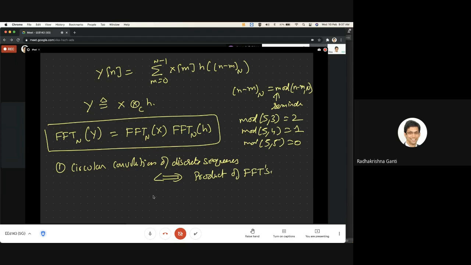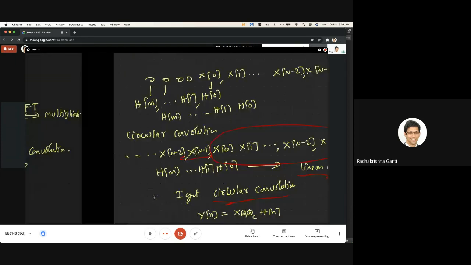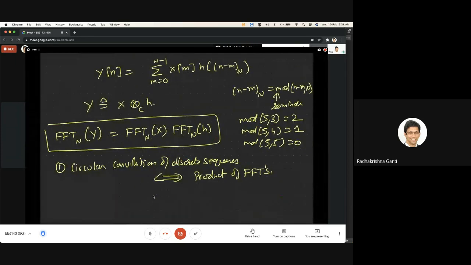Just like Fourier transforms got multiplied in the frequency domain for a convolution of continuous-time signals, for circular convolution, the FFTs of those sequences get multiplied. Is this clear?